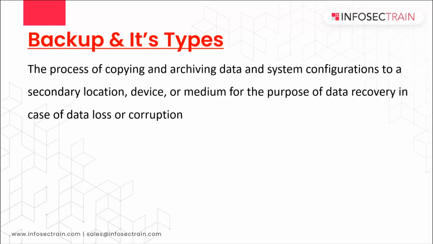Backups are an essential part of data protection and disaster recovery planning. There are a lot of different types of backups, including full backups, incremental backups, and so on. We'll be talking about those after understanding backup, right?